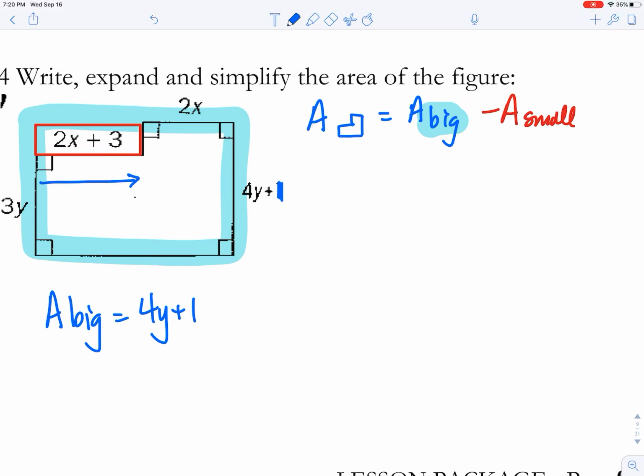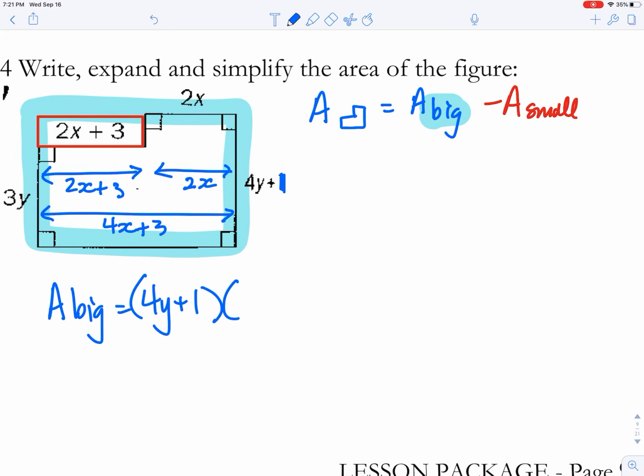This part here is 2x plus 3, and this part here is 2x, and it's obviously not drawn to scale. So overall, this whole big length is going to be 2x plus another 2x, so 4x plus that 3. So we're going to have 4y plus 1 onto 4x plus 3.